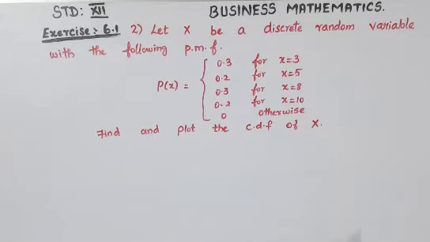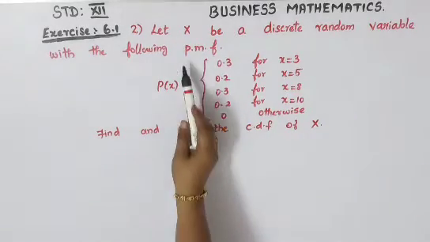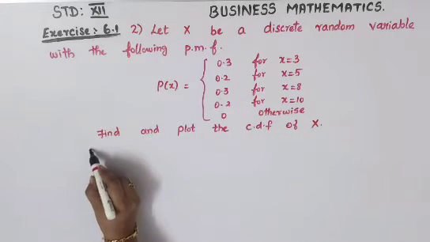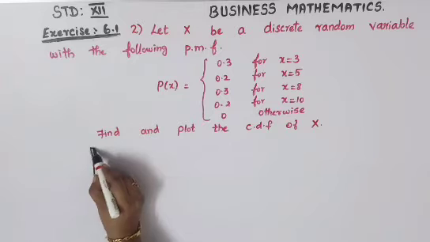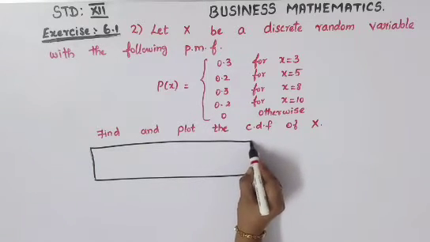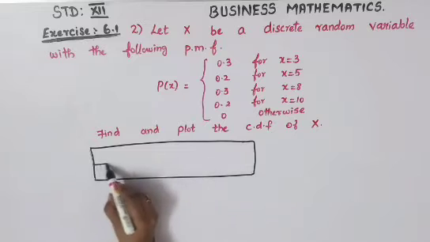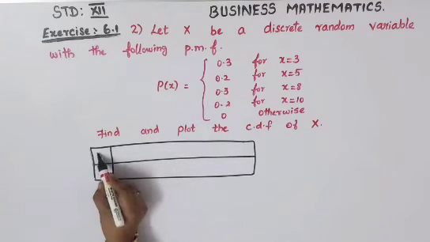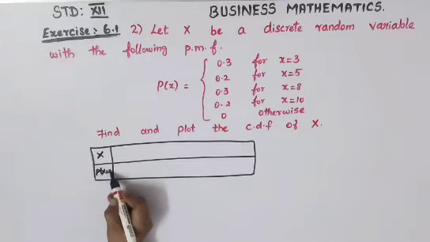It is asked for x. So, as the PMF is given, you have to find your CDF. First we will put all the values in a table. So this is your capital X, and P of x is equal to x.